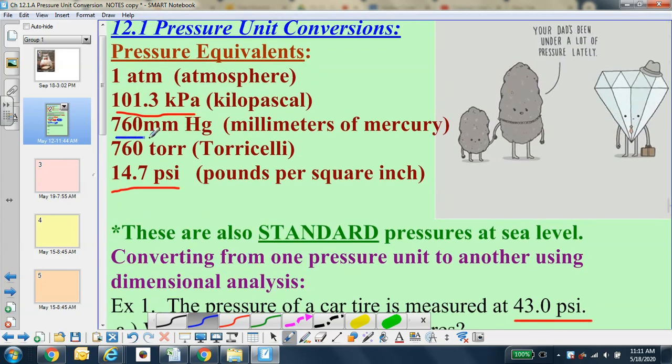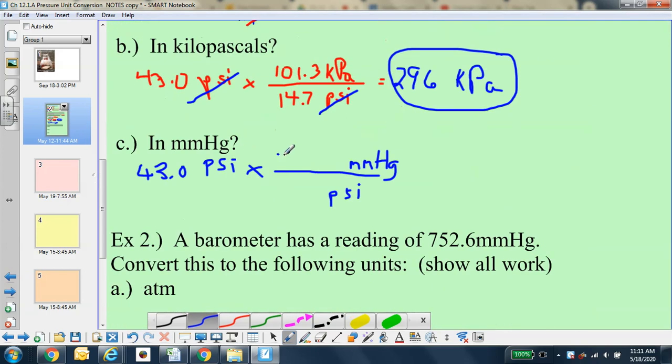So 760 goes with millimeters of mercury, and the 14.7 goes with the PSI. Our PSI units will cancel. 43.0 times 760 divided by 14.7 is 2,223. And we need to put our unit, millimeter of mercury.